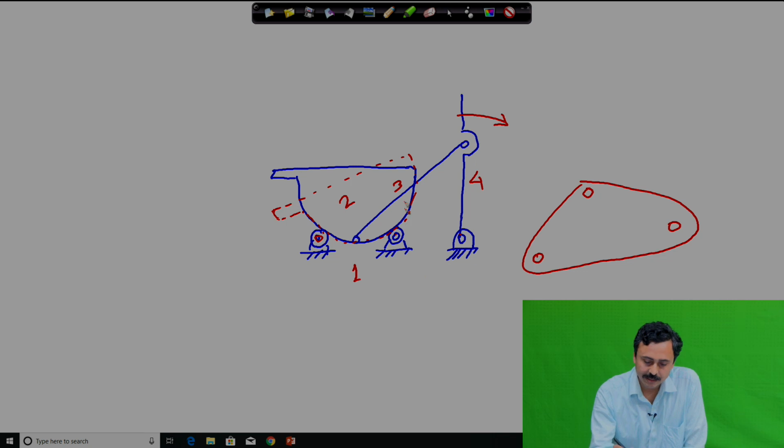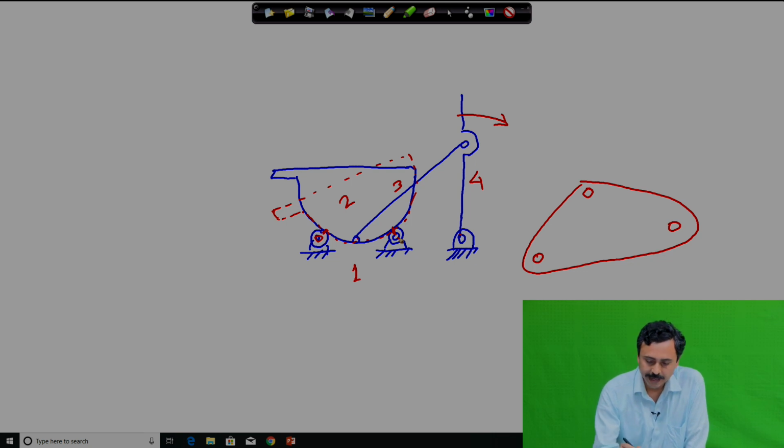Similarly, this container also seems to be a ternary link, but you see the relative motion. As far as number of links is concerned, the ground seems to be a ternary link, as well as the pouring snout, because it has connections here, here and here, though here you have higher pairs.